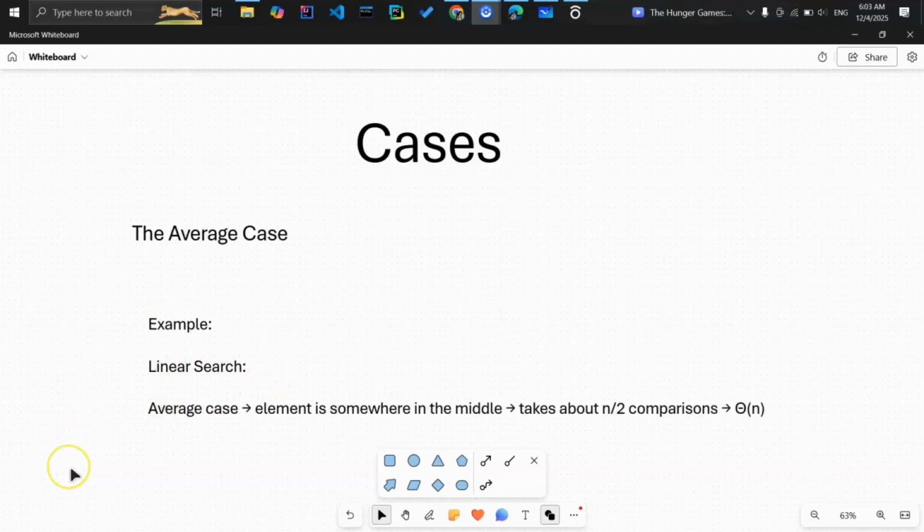The last one is the average case. The expected running time for typical input. It gives a realistic idea of performance on random inputs. Often used in algorithm textbooks for probabilistic analysis.